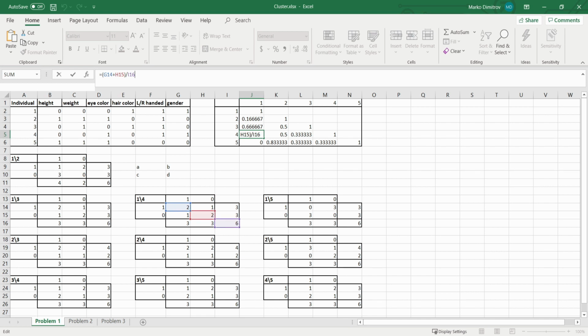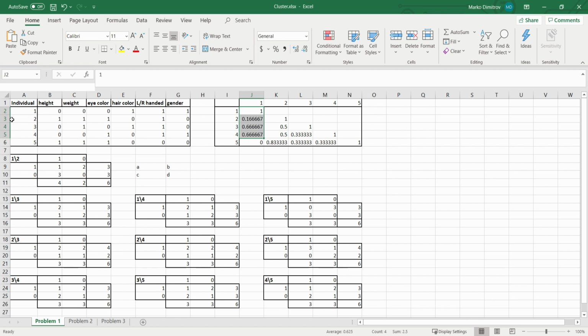If the similarity coefficient were something else, for example, 2A plus D divided by 2A plus D plus B plus C, when we give double weights, then you would need to use this to compute the similarity here in this matrix. Then we proceed, and for example, let's do one again.